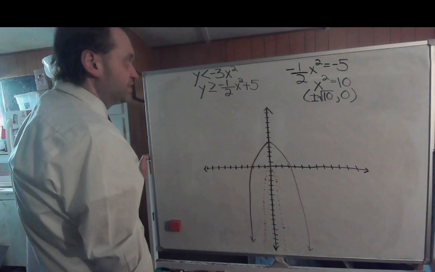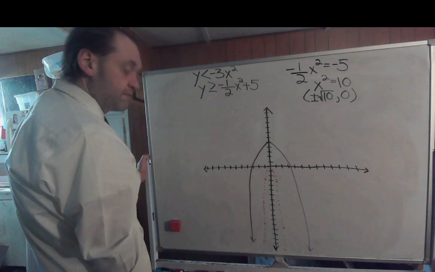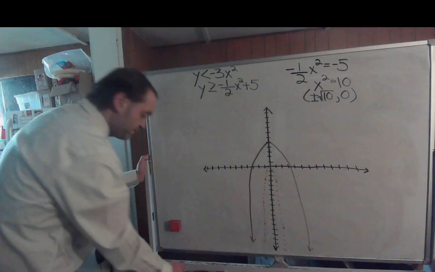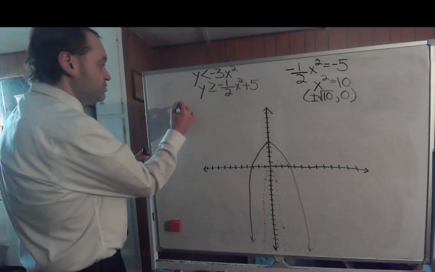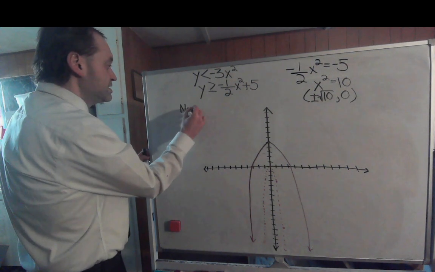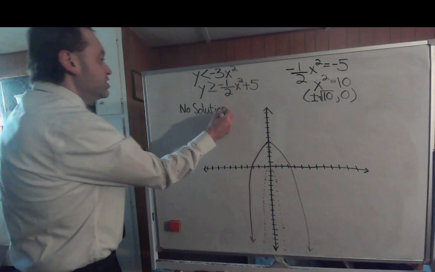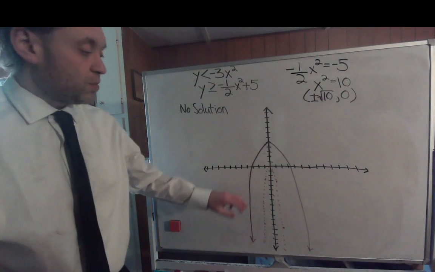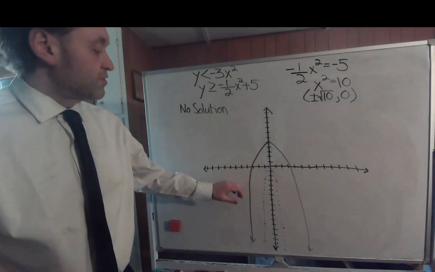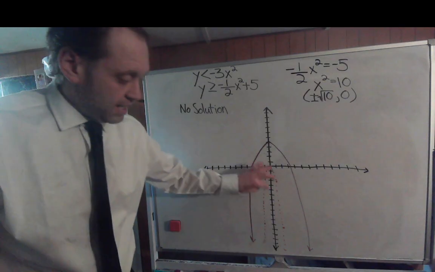But you need to find the region that fits both. Unfortunately, there is no region that fits both. So there's really no solution that meets this. We have no solution because you would have y is less than negative 3x squared. You would shade, of course, below this dotted parabola, which would be inside of it.